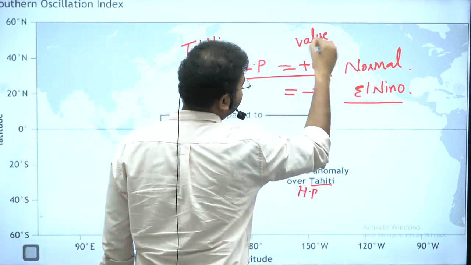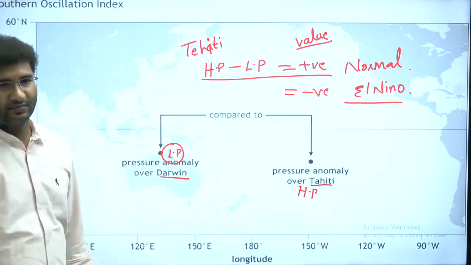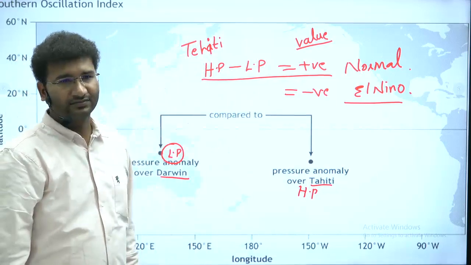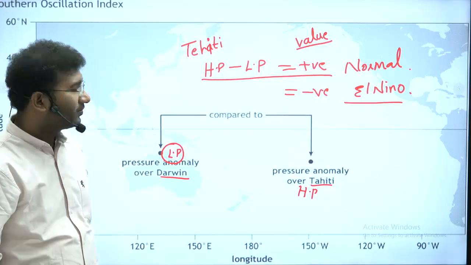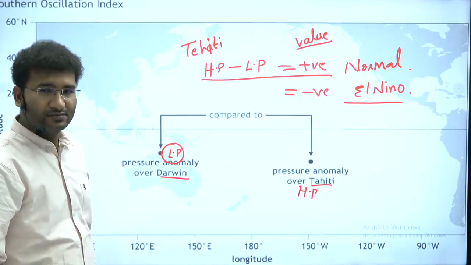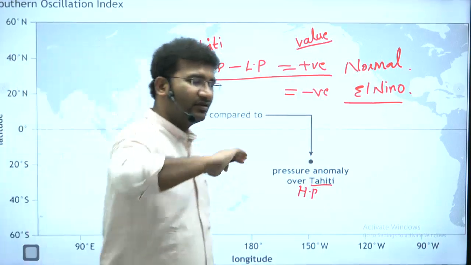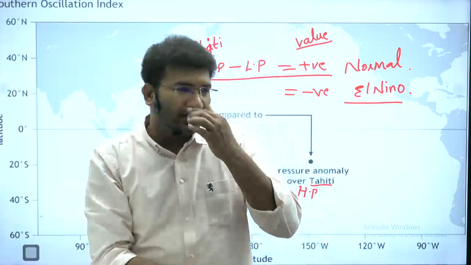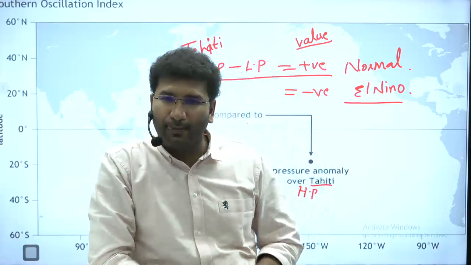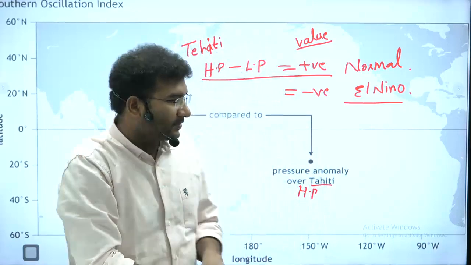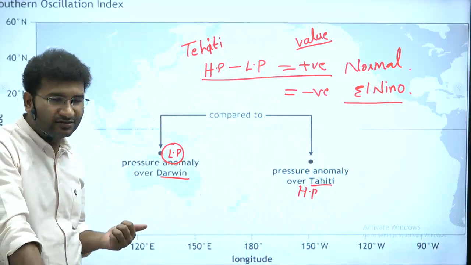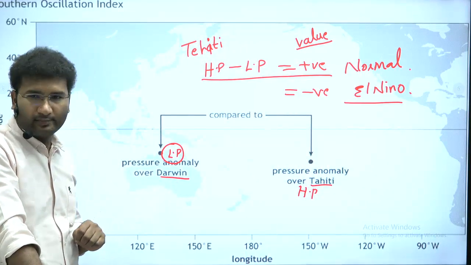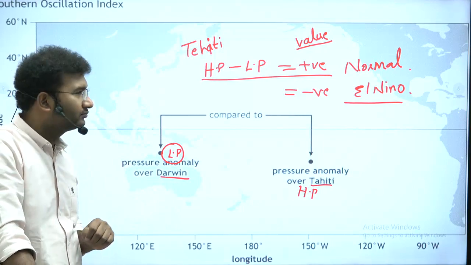And the reverse of it, La Nina is always more than normal. Excess of normal years is considered to be La Nina. Right? Now La Nina is also not good, El Nino is also not good. You should always have normal years. Any doubts here? Clear?